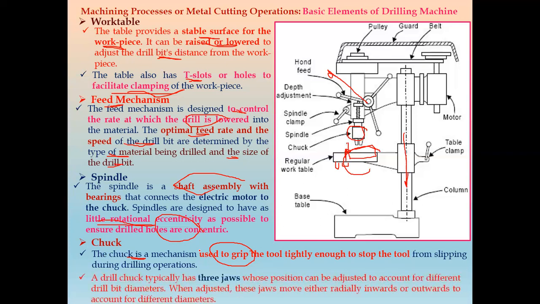A drill chuck is typically a three-jaw chuck whose position can be adjusted to account for different drill bit diameters. We can adjust for different drill bits by using this three-jaw chuck. We can move the jaws radially inward or radially outward to accommodate different diameters of the drill bit.